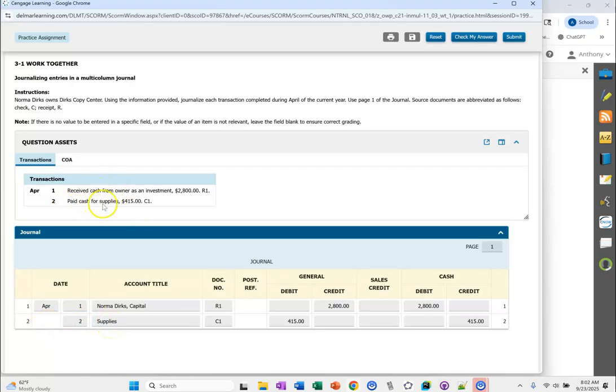We paid cash for supplies, $415, C1. So that's the document number. The account was supplies, my reference document number is C1. I had $415 come into supplies, and $415 go out of cash.